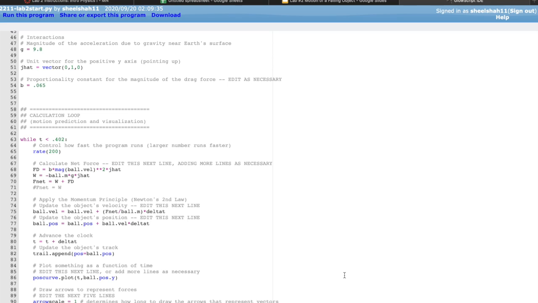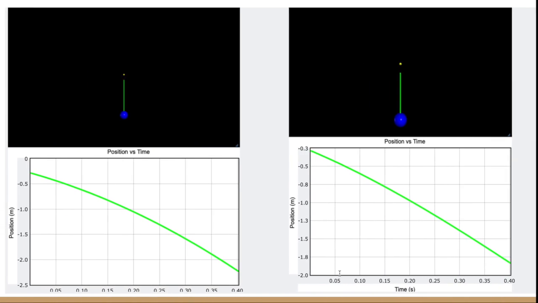For the model with drag, F net equals gravity plus drag. The gravity formula being the same, but the extra is the drag formula, which is B, the proportional constant for the magnitude of drag force, times the object velocity squared times the positive unit vector since it's opposing the gravity force. Let's take a look at the program's diagram.